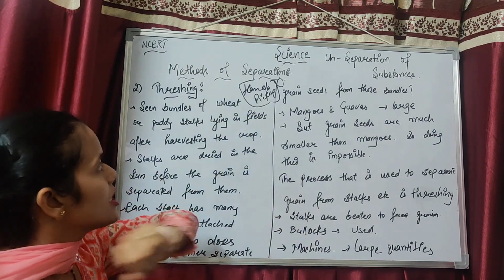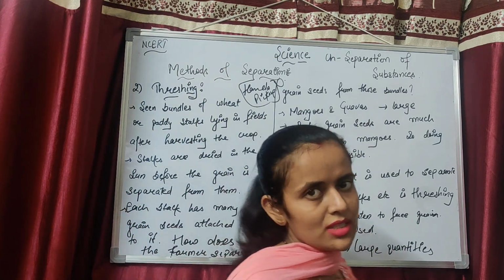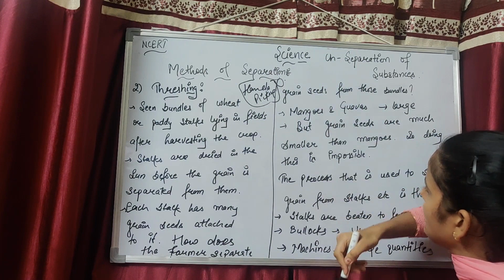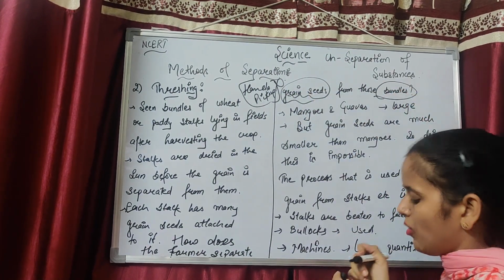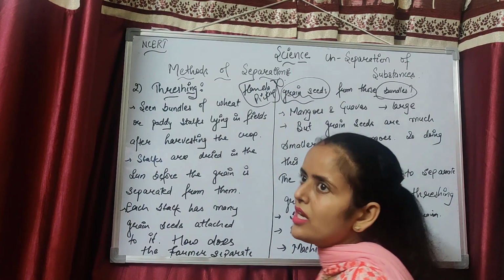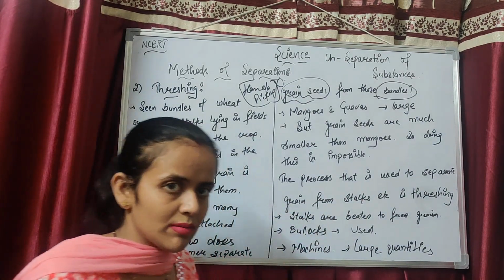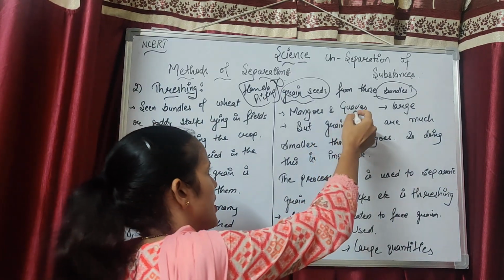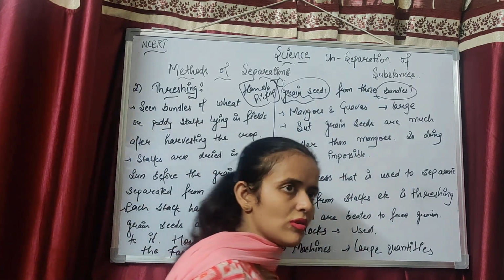This is threshing. So how will we separate the grain seeds from these bundles? Take an example. If there are so many mangoes and bananas and you have to separate them, you can separate them easily by hand picking, because mangoes and bananas are large in size, so they are visible and their appearance is also different.